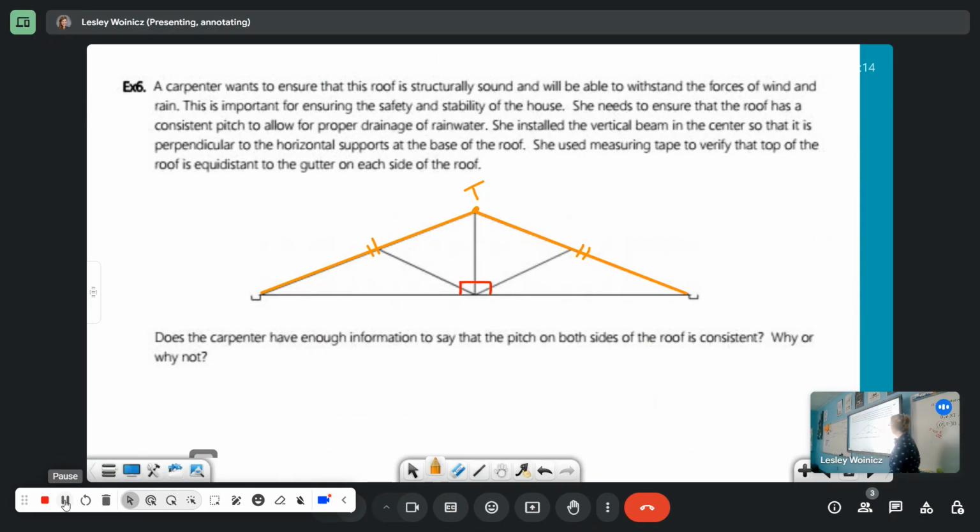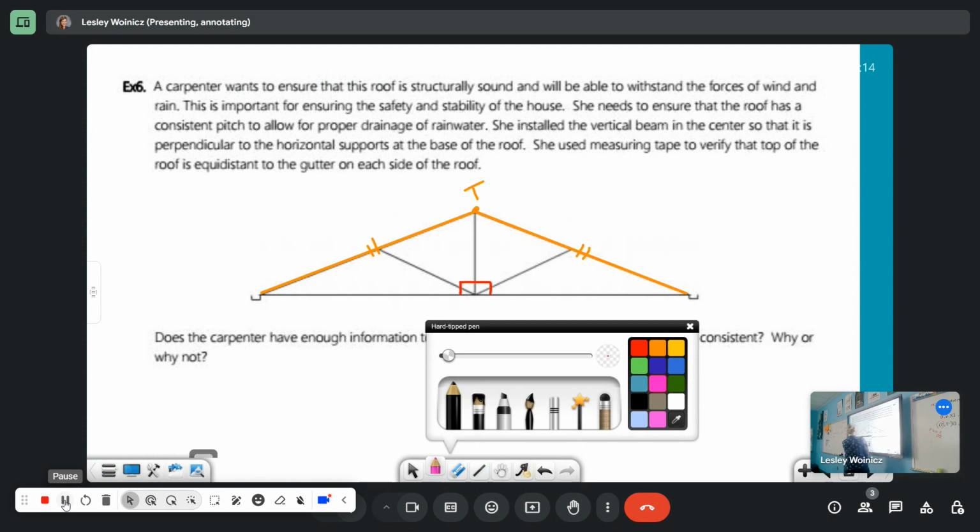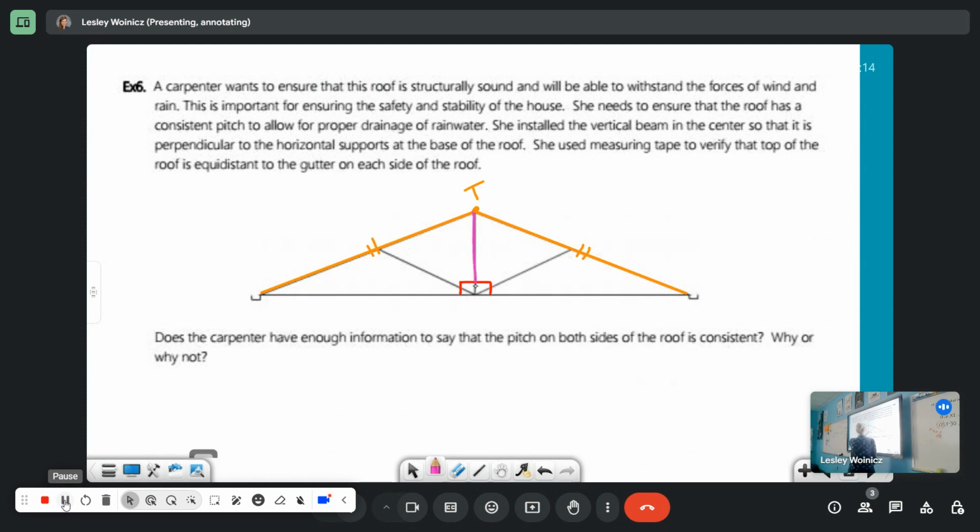Do we have enough information to say that the pitch on both sides of the roof is consistent? We do? What am I missing on my picture? The reflexive property. This beam is congruent to itself.